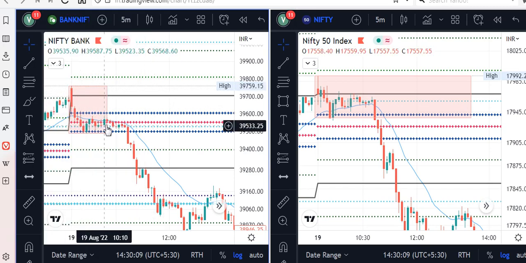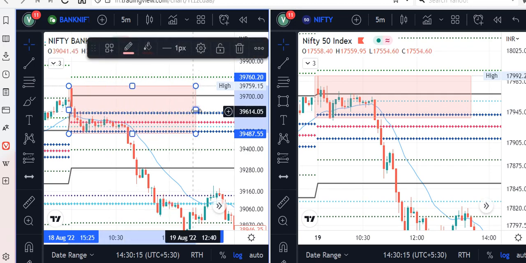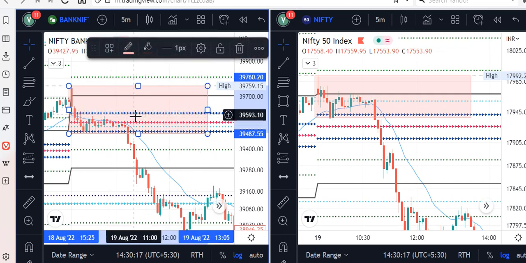After marking this, wait for the price to break this level. You have to mark like this and wait for the price to break like this. That means this big red candle has broken it, isn't it? This broke the initial balance range, so you can go short here.